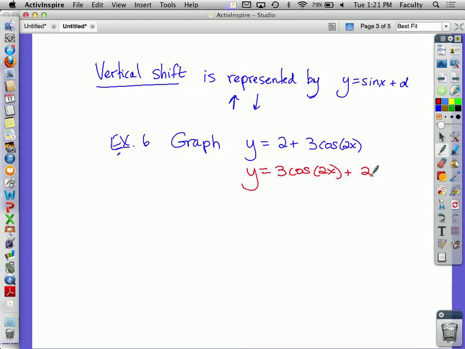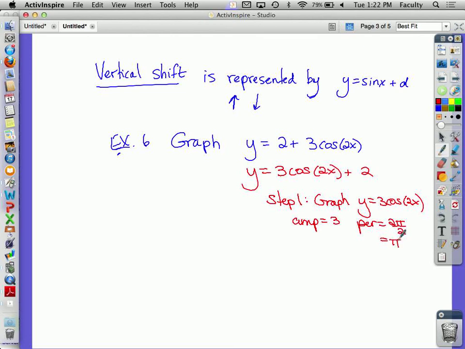All right, so I'm going to do this graph in 2 steps. Step 1, I'm going to graph y equals 3 cosine 2x, and then I'm going to do the vertical shift. So this has amplitude 3, and the period is 2 pi divided by 2.